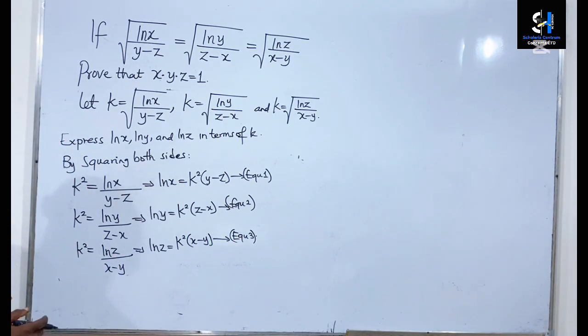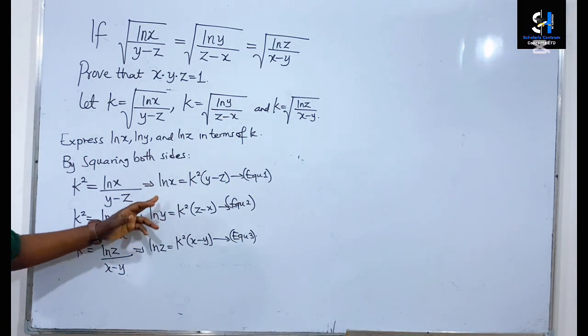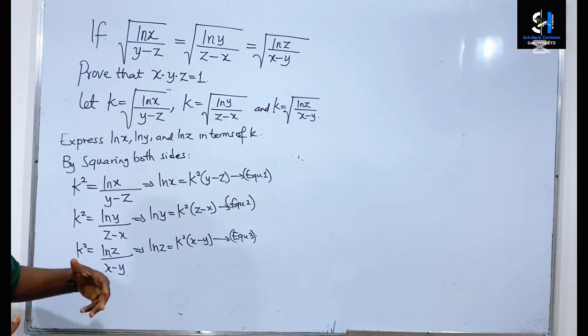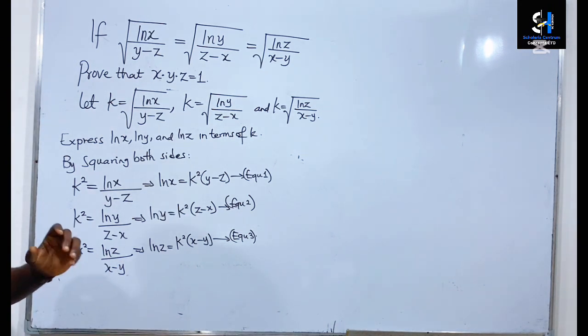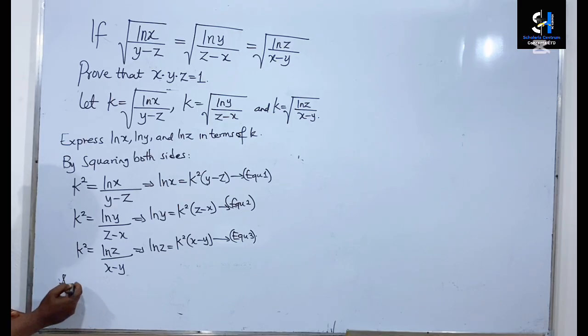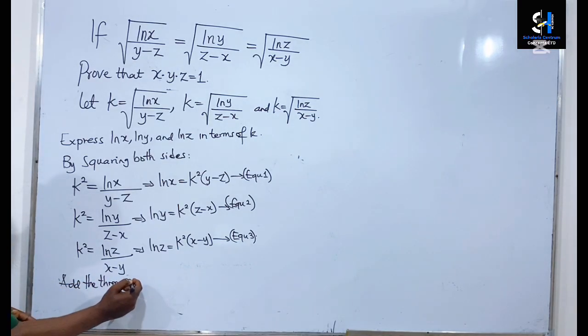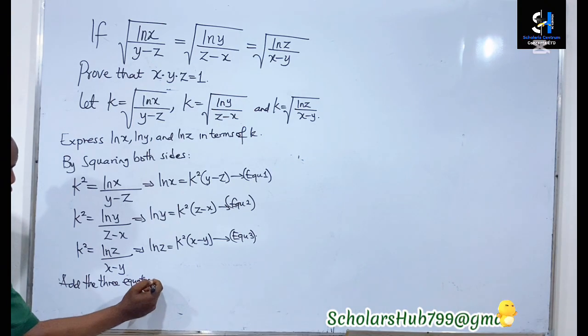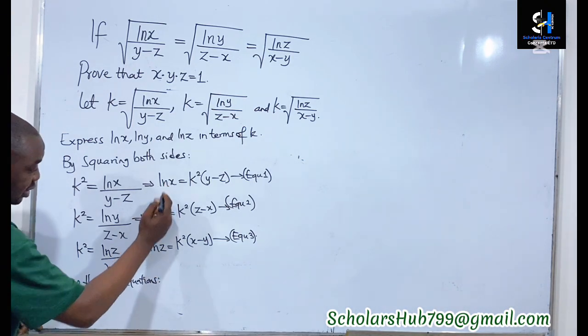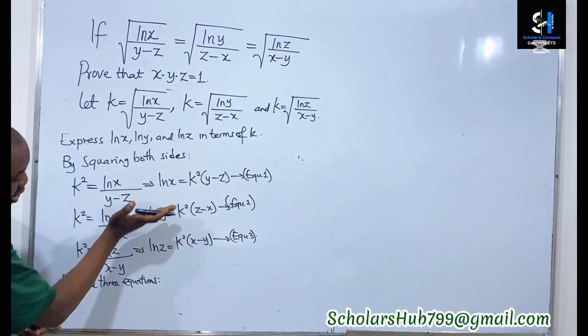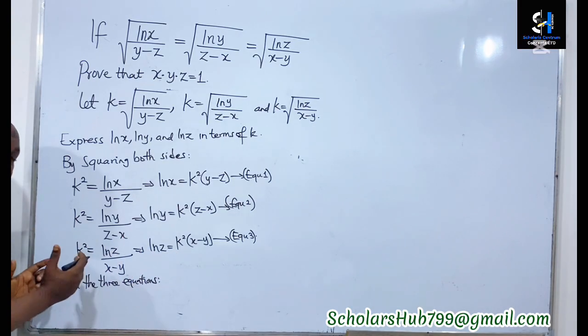All right, so now we've been able to express ln x, ln y, ln z in terms of k. The next thing to do is to add the three equations. When we add ln x, ln y, ln z, that will be on the left hand side.